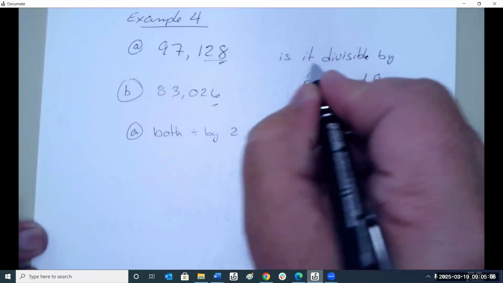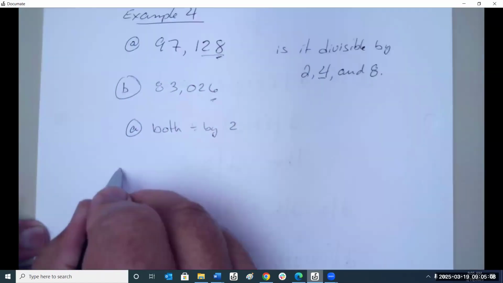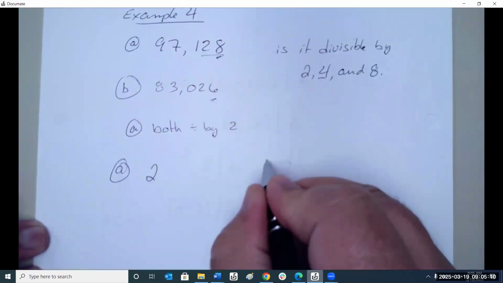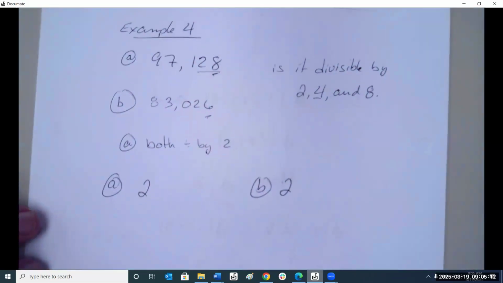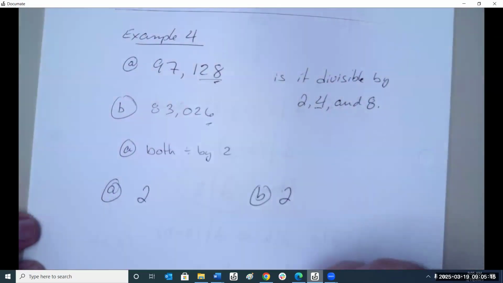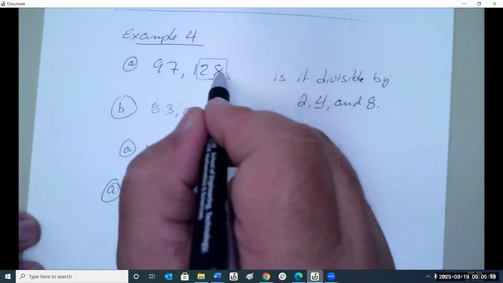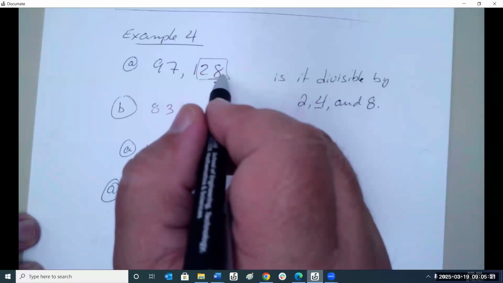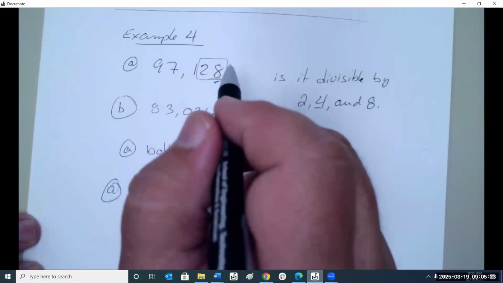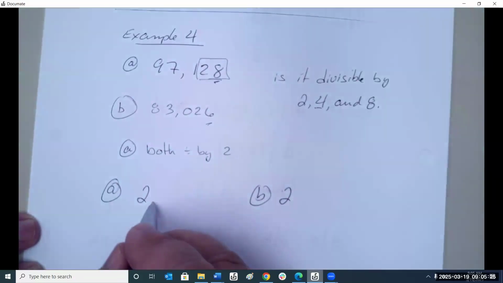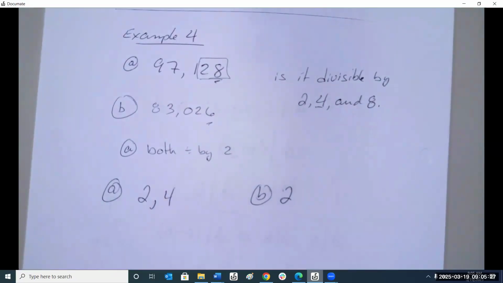So A is divisible by 2. B is divisible by 2. Is this one divisible by 4? Look at the last 2 digits. Can you divide that by 2? 28 divided by 2 is what? Can you divide 14 by 2? Yes. So this one is divisible by 4.